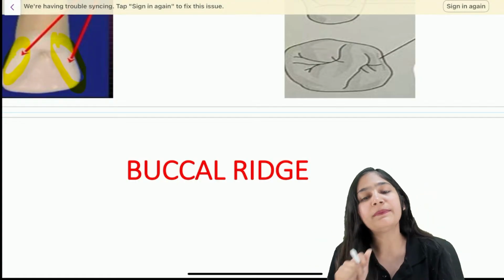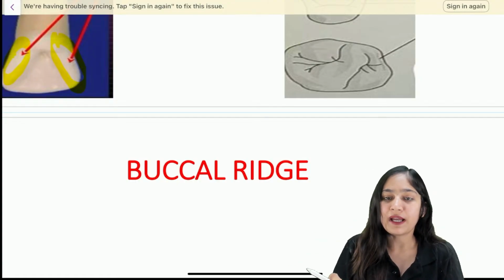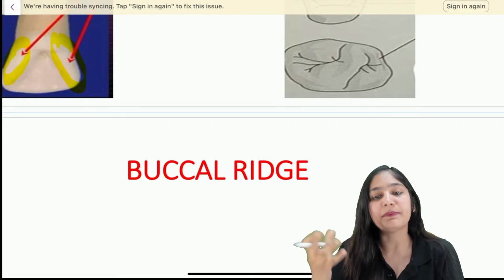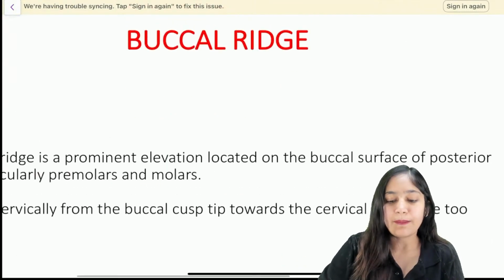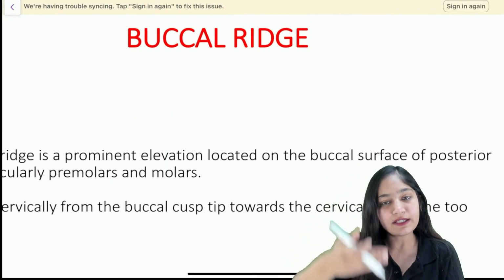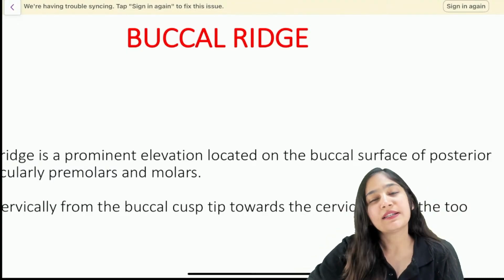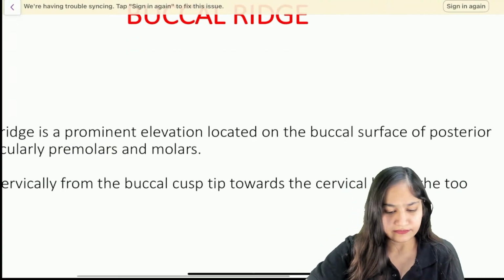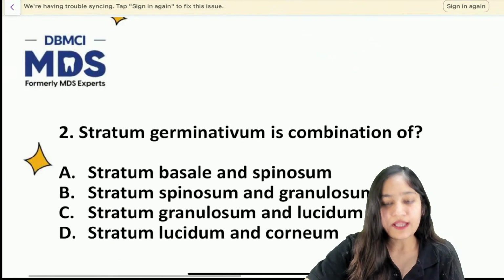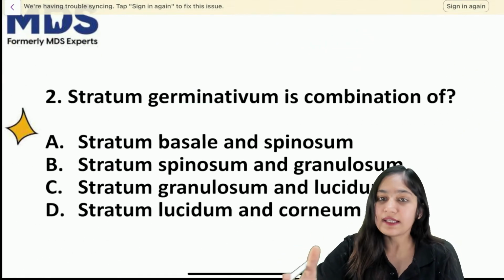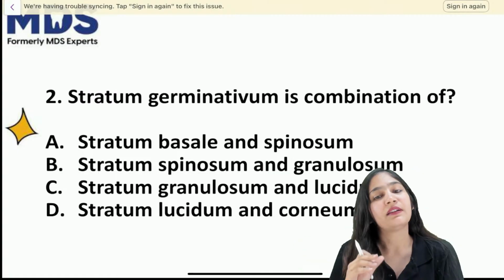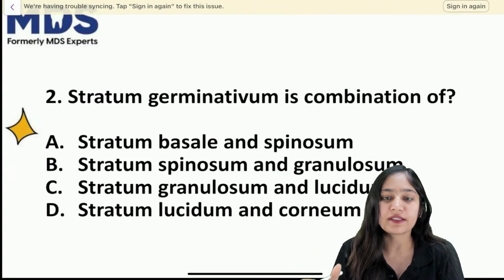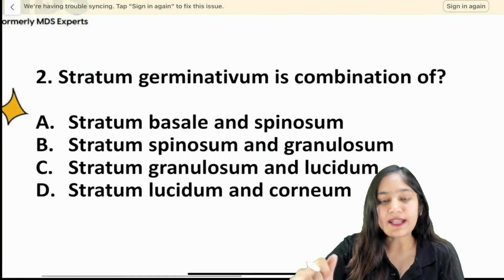Just next to the triangular fossas, we have our marginal ridges based on the aspect, mesial or distal aspect. Buccal ridge mainly on the buccal aspect, starting from the cusp towards the cervical line. So I don't think now you will be having any doubt in this image-based question about transverse ridge and oblique ridge.